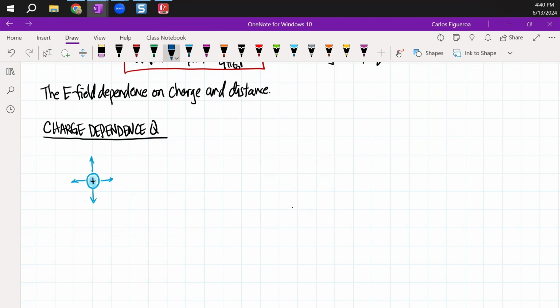So this charge I'm going to call Q. Now, if I take a different charge that has a lot of charge, you could imagine that I have 4 charges. That means if this has 4 lines, this has to have 16 lines. But we're not going to draw 16 lines. All we're going to show is that there are a lot of field lines.